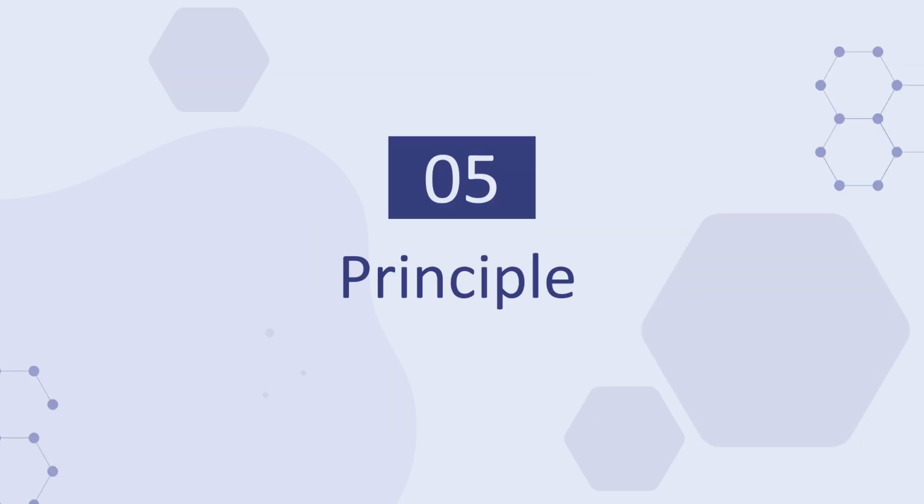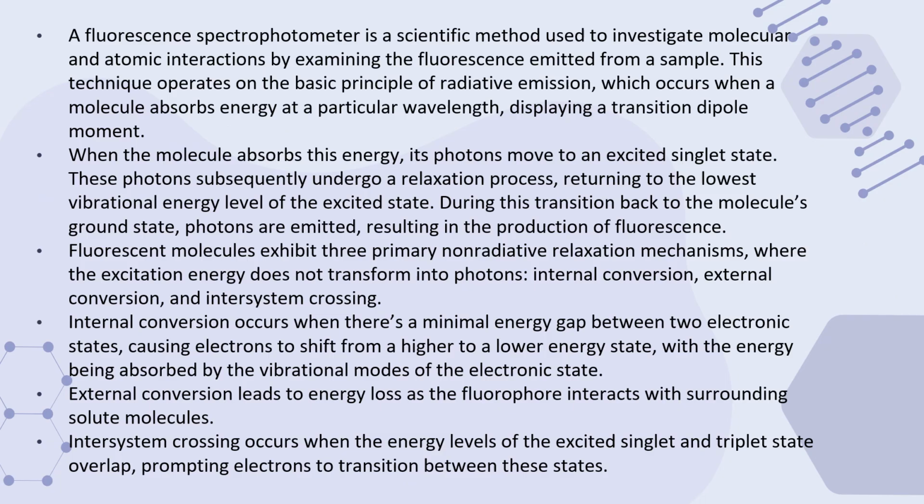Now we will see the principles of the fluorescence spectrophotometer. A fluorescence spectrophotometer is a scientific method used to investigate molecular and atomic interaction by examining the fluorescence emitted from the sample. This technique operates on the basic principle of radiative emission, which occurs when a molecule absorbs energy at a particular wavelength, displaying a transition dipole moment.